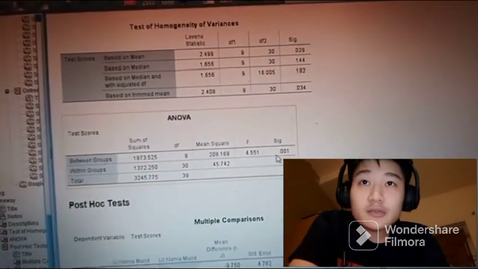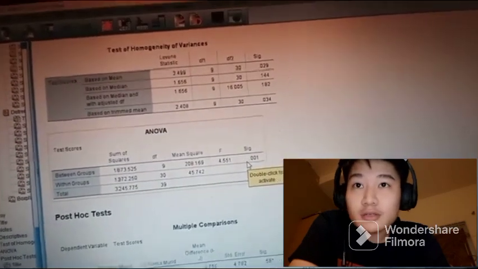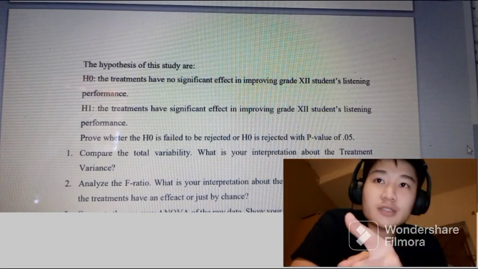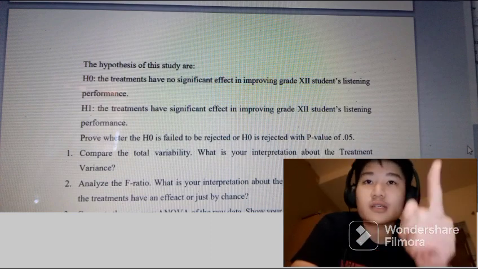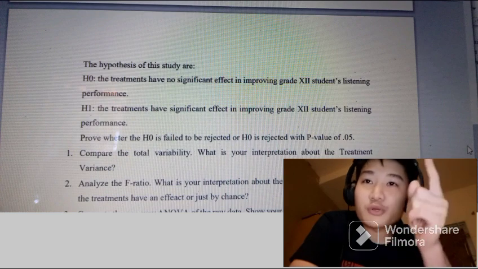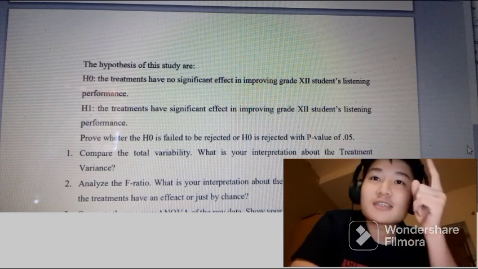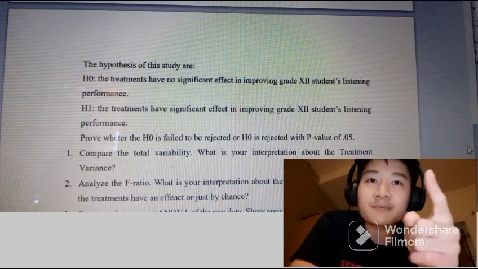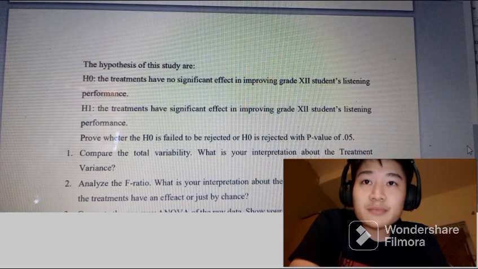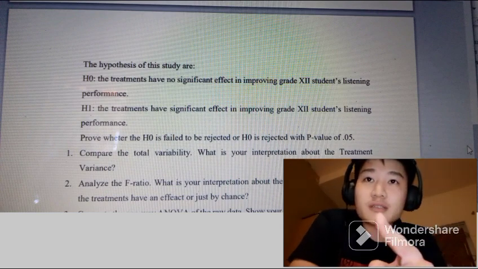As usual, we can see right here, the first hypothesis states that the treatment has no significant effect in improving grade 12 students. Meanwhile, the next hypothesis states that the treatment has significant effect. So by concluding the data, it shows that the first hypothesis is wrong.